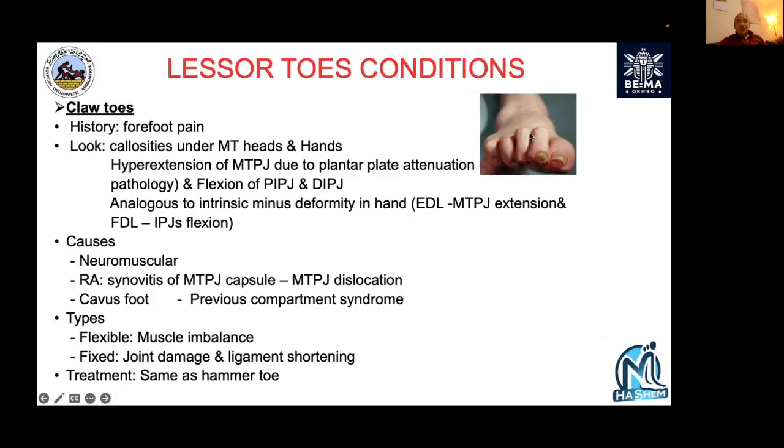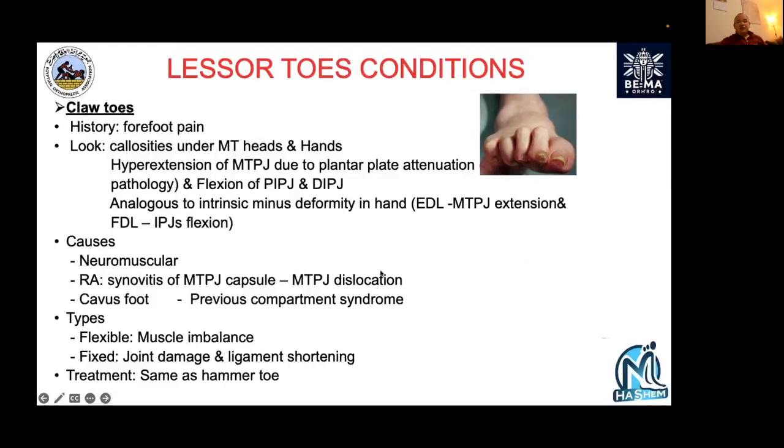The problem of this patient, as we agreed, is the overpower of the flexor tendons over the extensors, and this is aggravated by the neuromuscular condition. It may happen, as we agreed, because of rheumatoid arthritis and attenuation of the soft tissue. It happens with the cavus foot, and we explained this already.